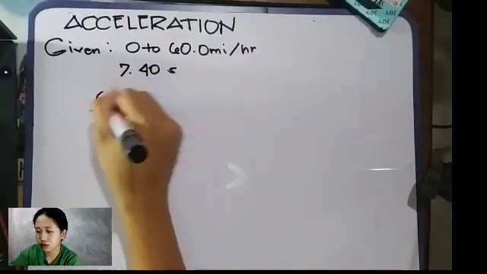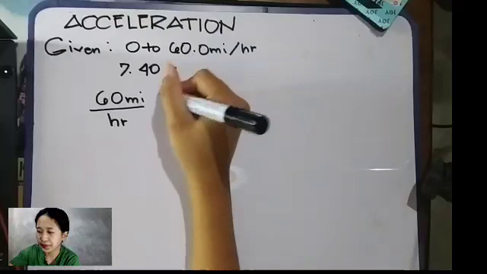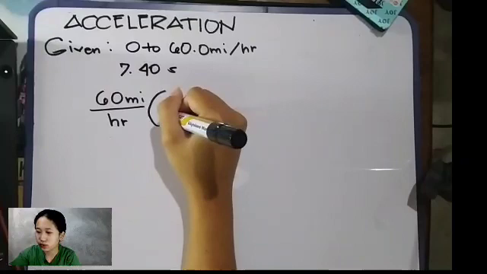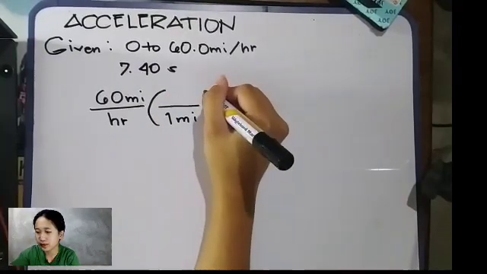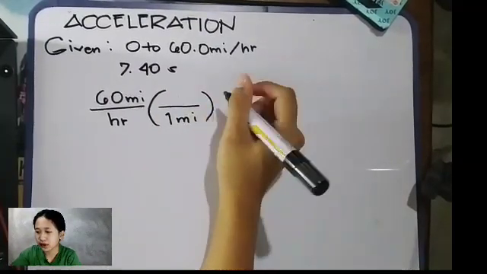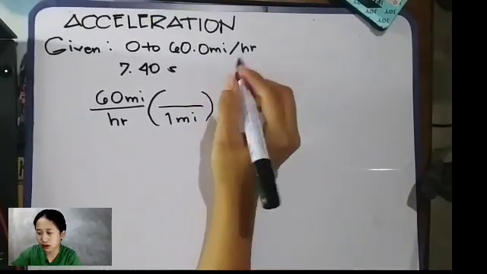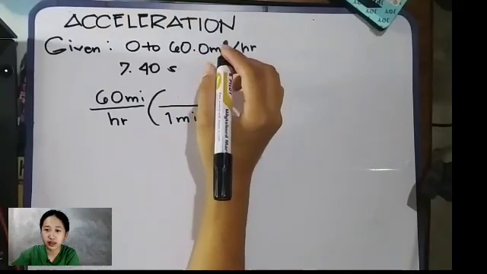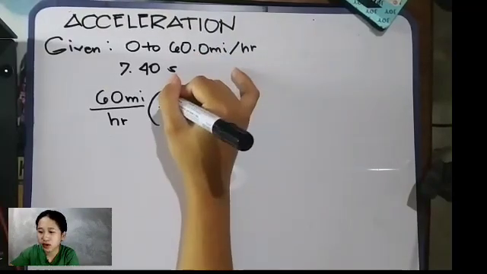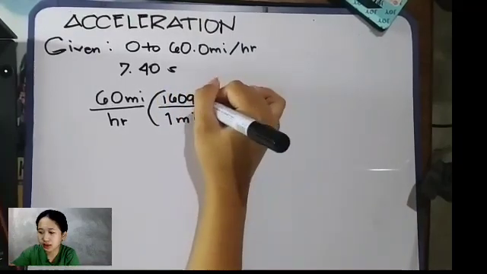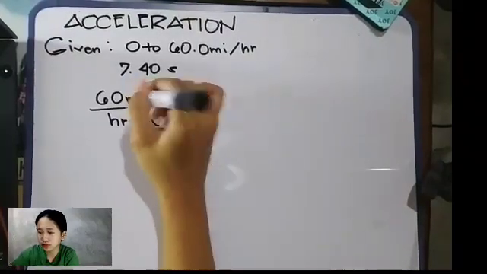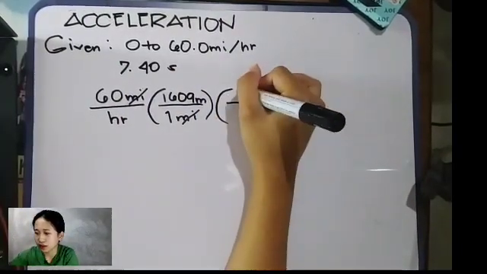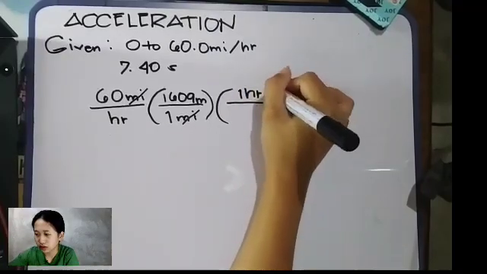So, 60 miles all over hour. Para ma-cancel yung miles, kailangan natin ilagay yung 1 mile sa ilalim. Parang i-cross multiply para ma-cancel. Then, ilang meter ba ang meron sa 1 mile? Meron siyang 1,609 meters. So, cancel na natin yung mile. Then, para ma-cancel naman yung hour, lalagay natin dito sa taas.